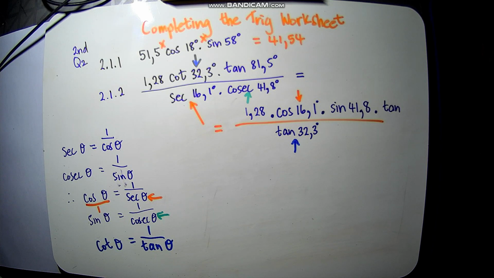Tan 81,5 degrees will remain on top in the numerator. Punching all that carefully in the numerator on your calculator, do it twice to make sure you get the right number, and then tan 32,3 degrees for the denominator, and write your answers in the fraction. Dividing those two answers on a calculator, we get 1,87, and that's the answer for 2.1.2.